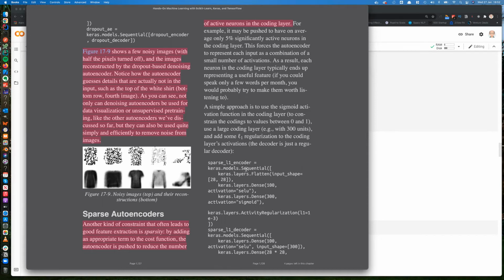So we've got here an encoder which is a sequential of a flattening of the original image, a dense layer which is SELU, and then a dense layer which is a sigmoid. And then we've got an activity regularization layer. And then the decoder is a standard decoder, which is kind of the opposite of what we were doing there.